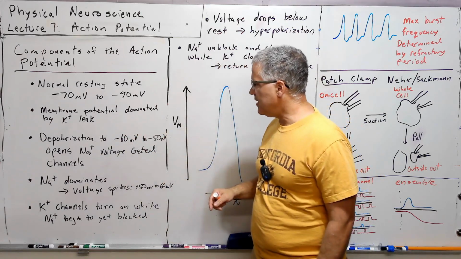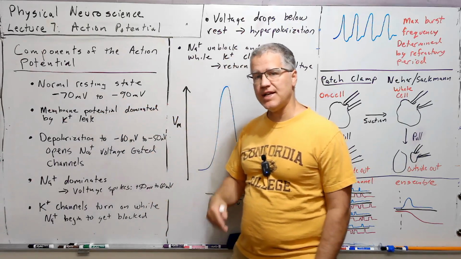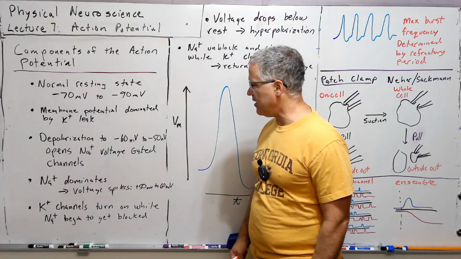So that tends to be about -70 to -90 depending on the particular excitable cell.